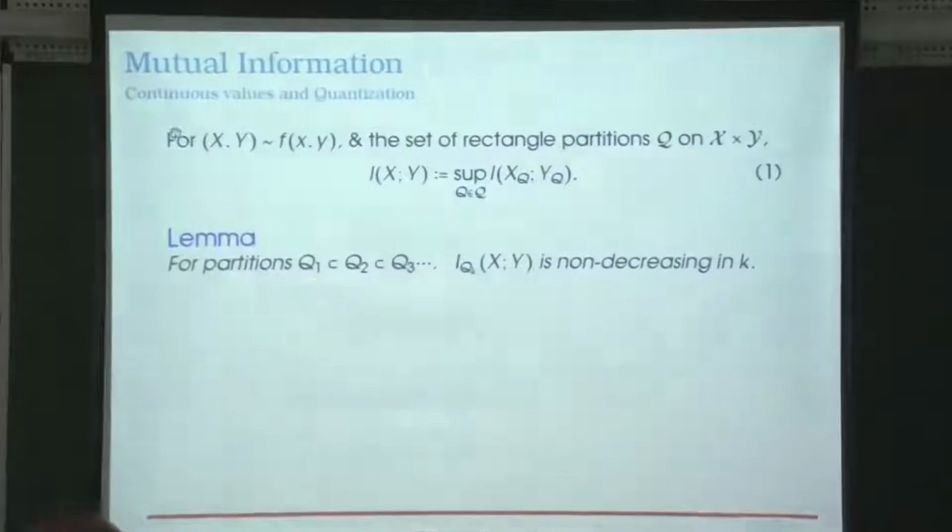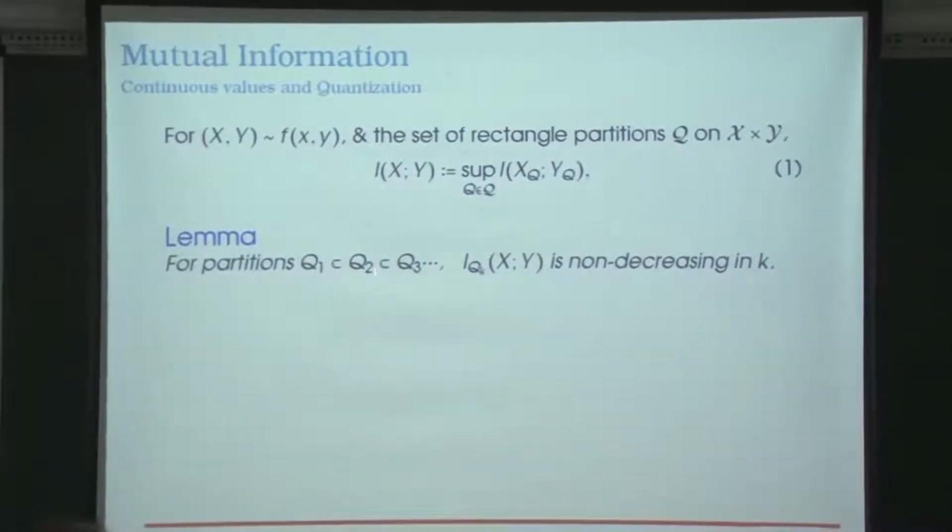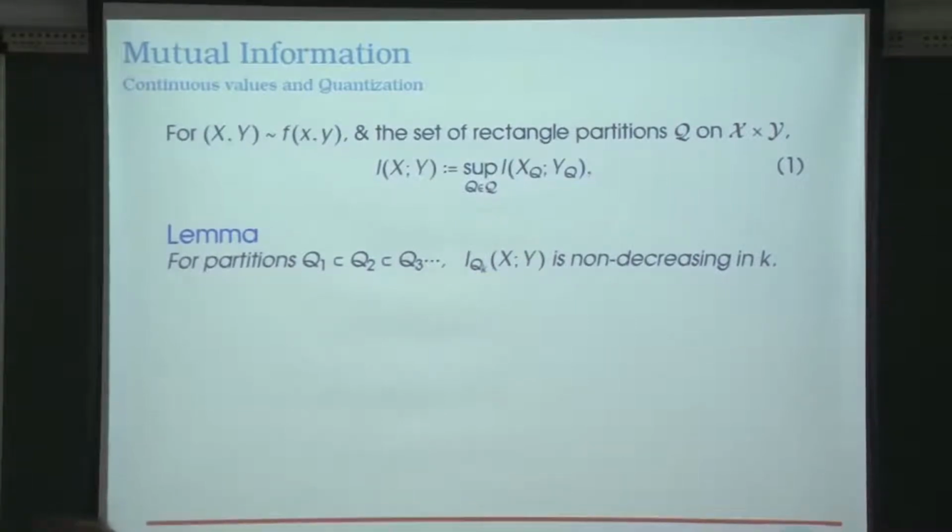Turns out yes, and that is motivated by nested partitions. You take one partition of x and y, then take another partition which is finer in the sense that using the new partition I can create the old partition. So, I will take more and more bit precision, if you want to call it that way. Then what happens is that the mutual information can only go up.